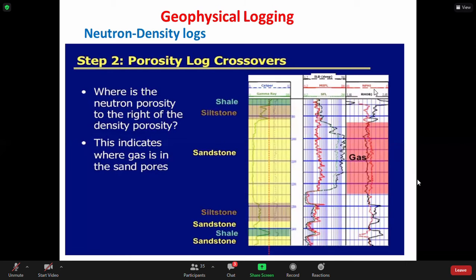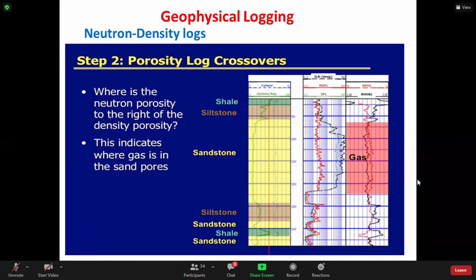And here we have our neutron porosity and our density. We usually log our neutron and density logs together because it enables us to differentiate the hydrocarbon type. Our resistivity log helps us to identify the fluid type. Is it water?